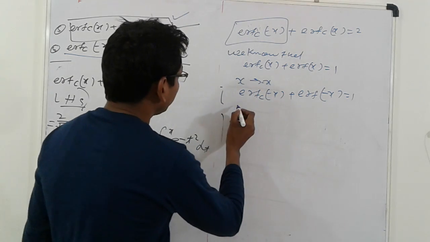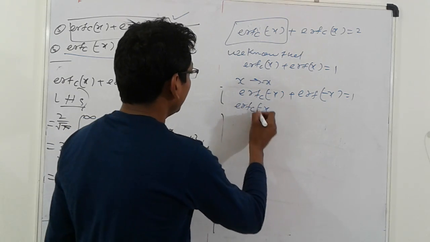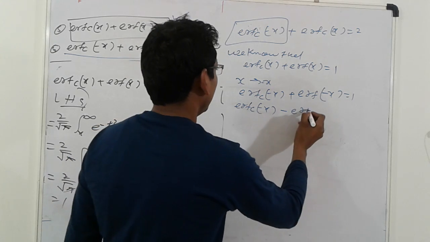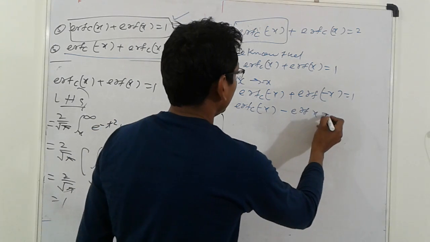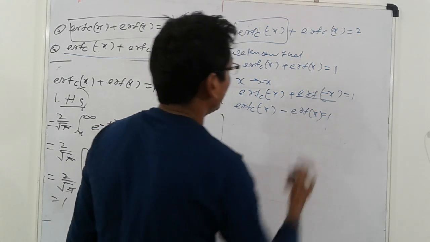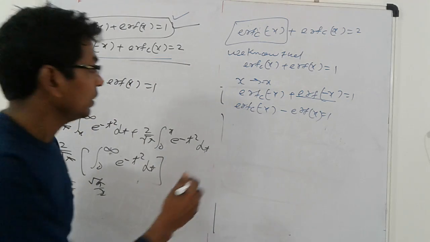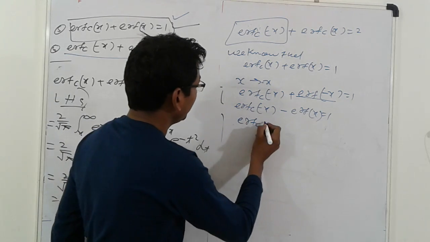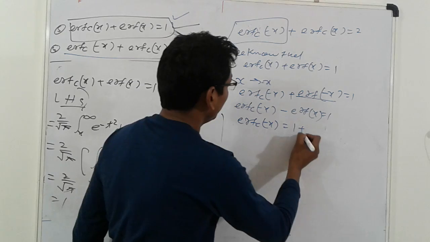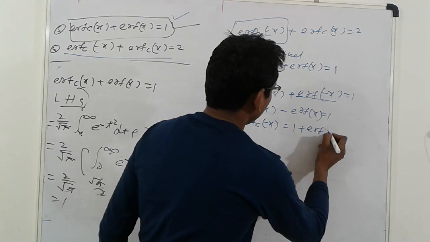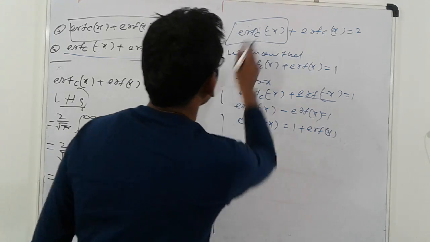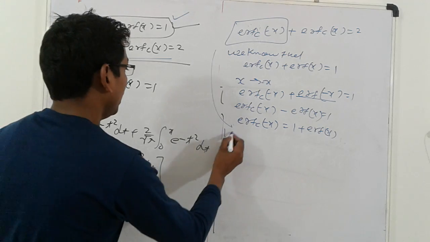That term, error of c of minus x minus error of x equal to 1, because it is the odd function. So error of c minus x is equal to 1 plus error function x, and we take this LHS.